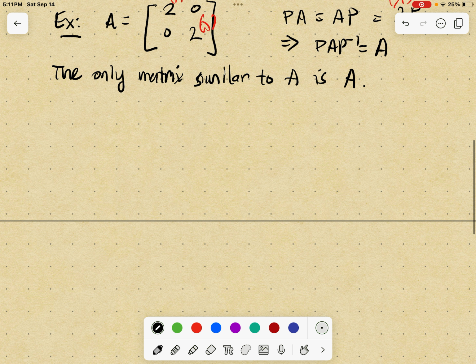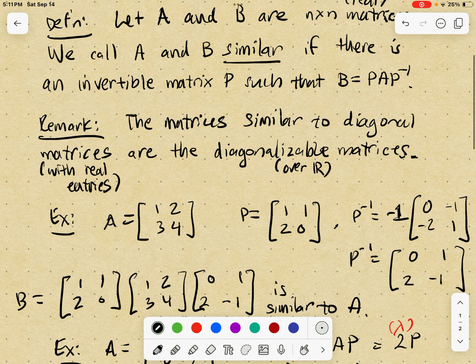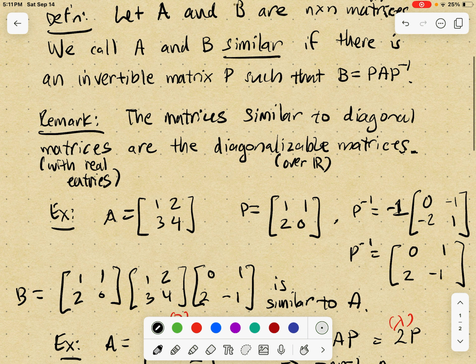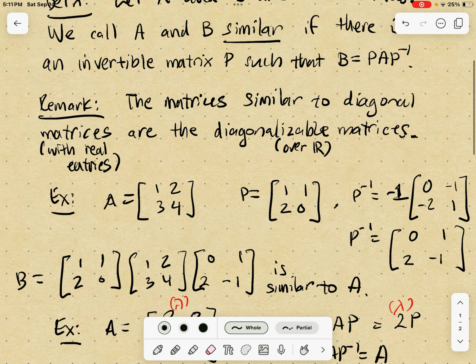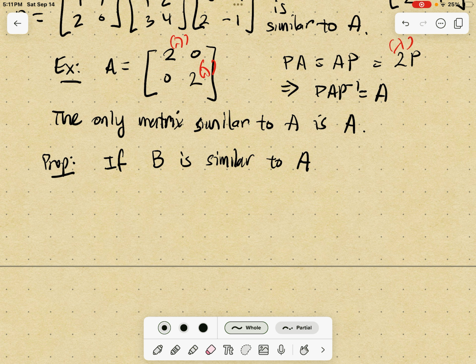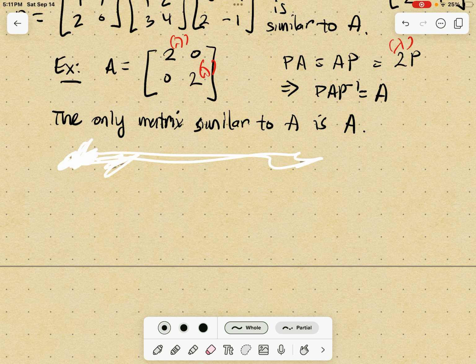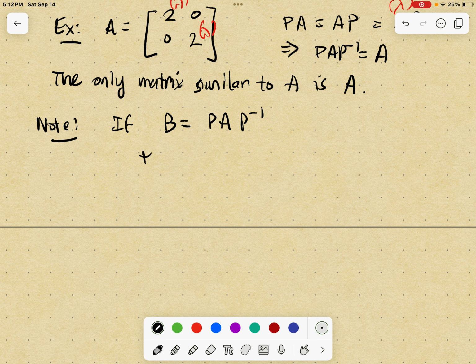Okay, let's make a little note. So we say that if A and B are similar, A is similar to B and B is similar to A. There's one thing that I sort of overlooked, so I'll make this a note: if B is some matrix PAP inverse, then A is going to be P inverse BP.